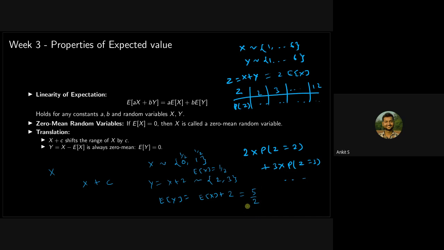So it gets translated, right? When you translated x to x plus 2, the expected value increased by that constant. Now suppose instead of x plus 2, the expected value of x was half, and you did x minus half, or x minus the expected value of x.